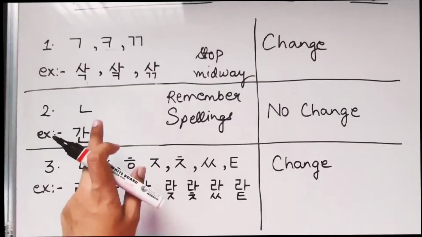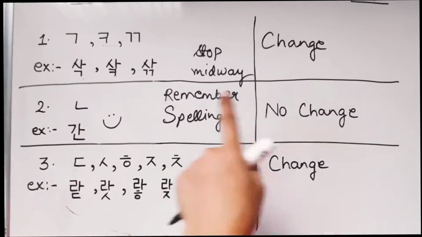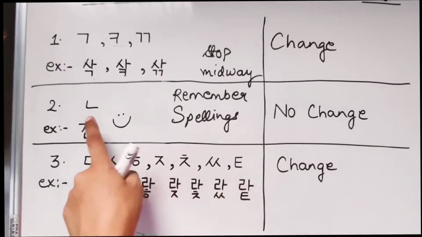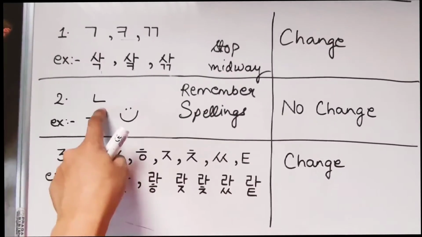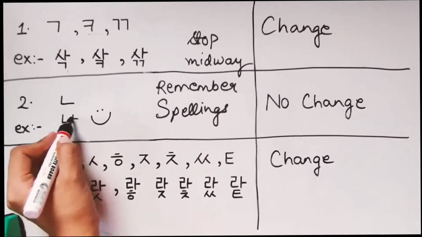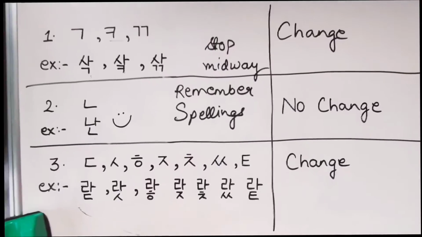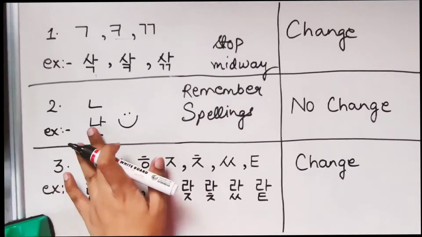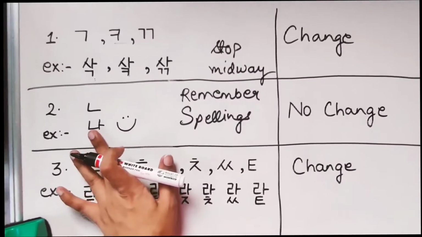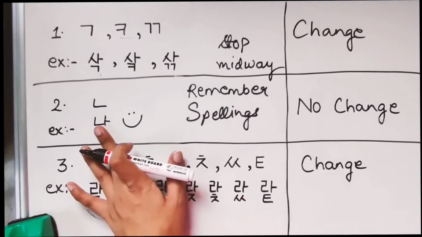Let's move on to the second point now. This consonant is consonant N. You'll be happy to know that its sound does not change even when it has taken C2 position. An example could be this. Now in this syllable, if I remove the N consonant at the bottom, this would be pronounced as Na.